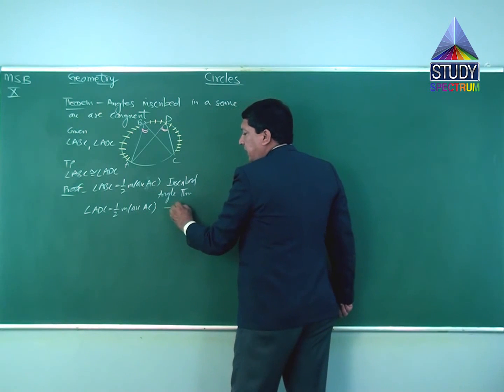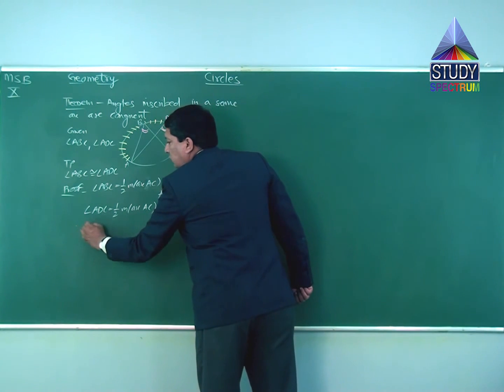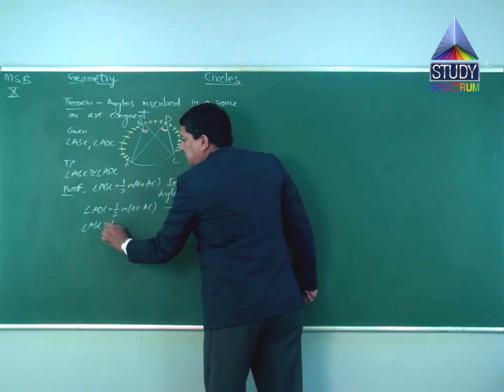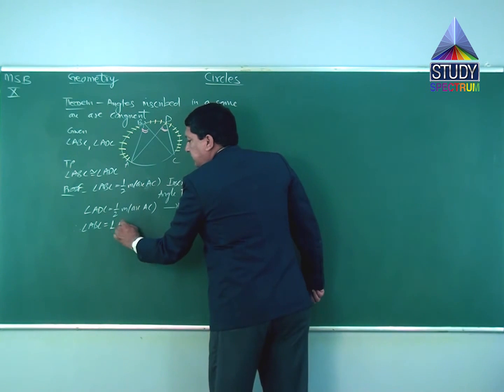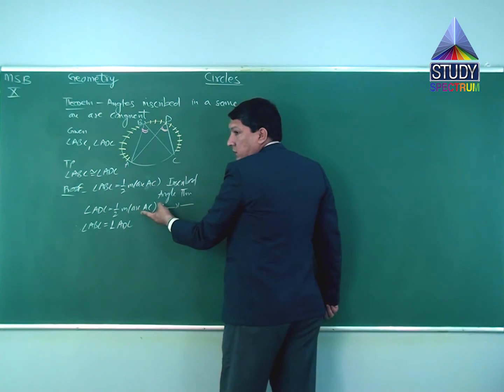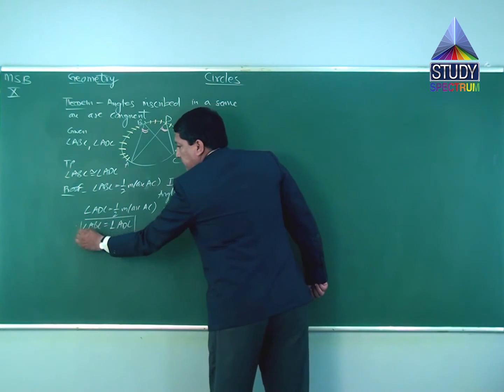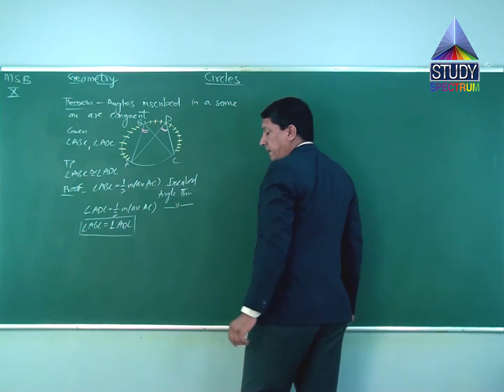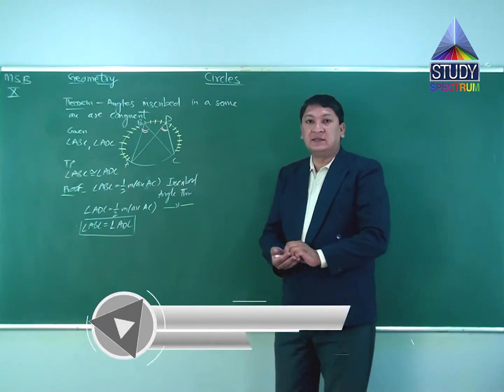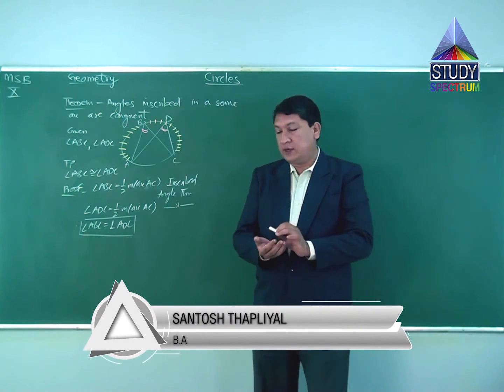The reason is the same, the inscribed angle theorem. So from these two, we can say that angle ABC is equal to angle ADC. Why? Because the right hand sides are equal, so the left hand sides will also be equal. This is what gives the answer: angles inscribed in the same arc are congruent.